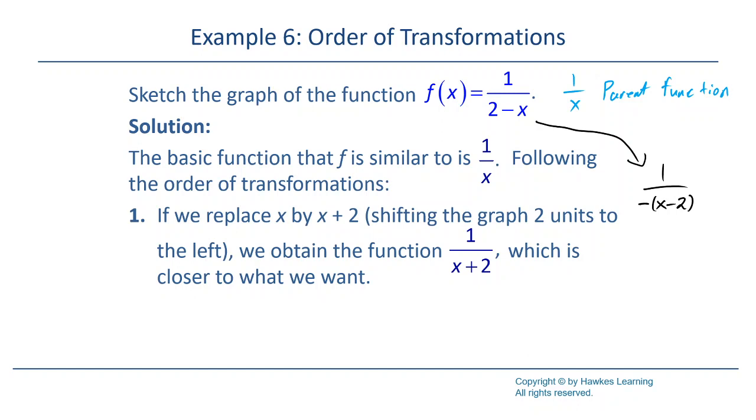So negative x minus 2, and then you can factor out the negative to put it out front. So it's negative times 1 over x minus 2. So think about what it looks like.